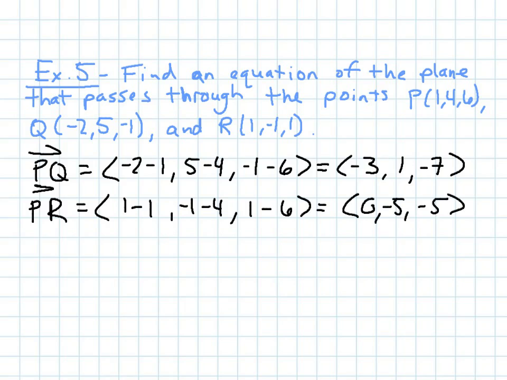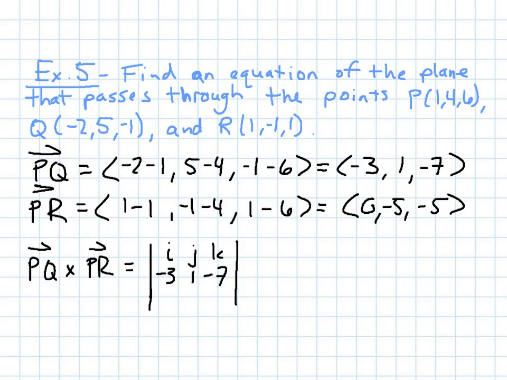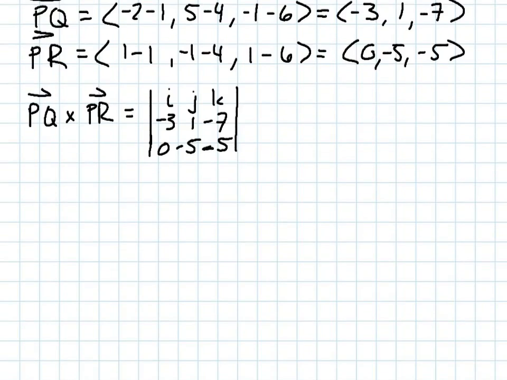Now remember that for 2 vectors, if you want the normal vector, that's the cross product, because the cross product of 2 vectors is perpendicular to them. Okay, so doing the cross product there, so then (-3, 1, -7) and (0, -5, -5). Remember for this one, we need to pick the top.